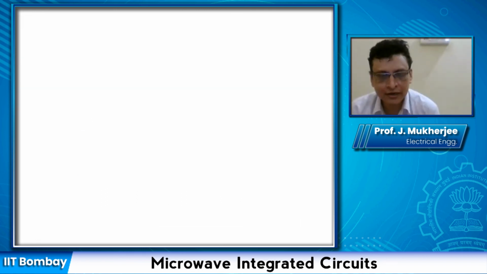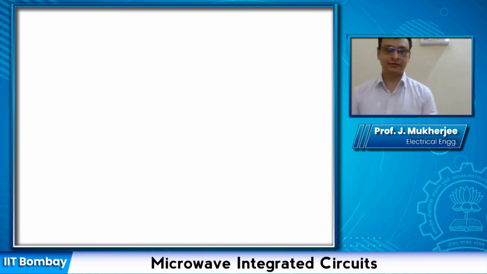Hello, welcome to another part of lecture 10. So in the last part we had covered the concepts of biasing of transistors for amplifier design, and there we introduced you to the various classes of amplifiers.